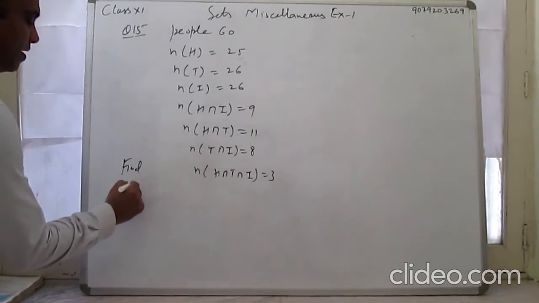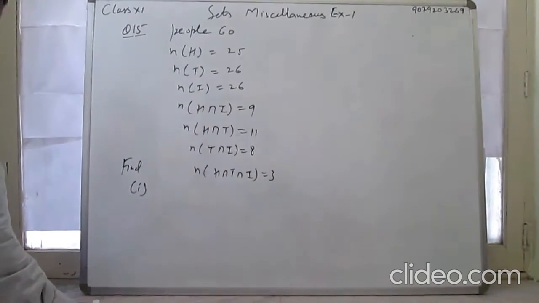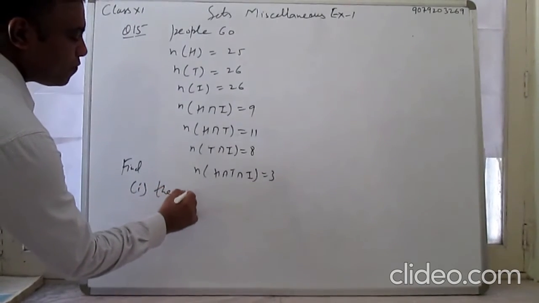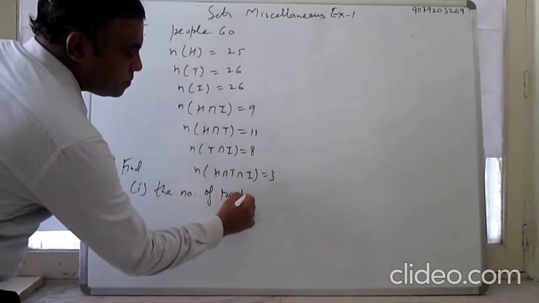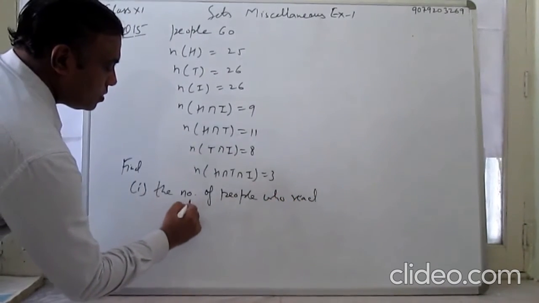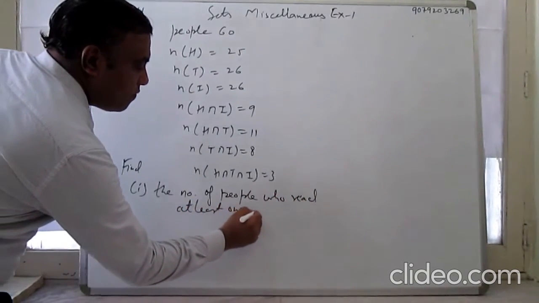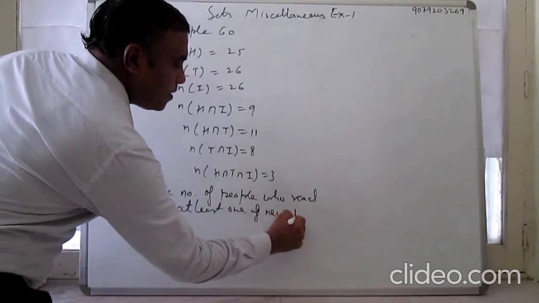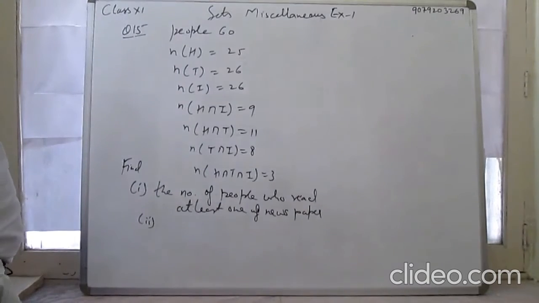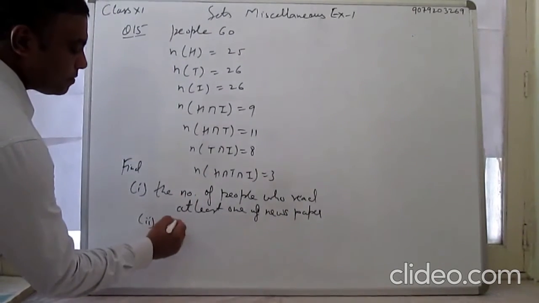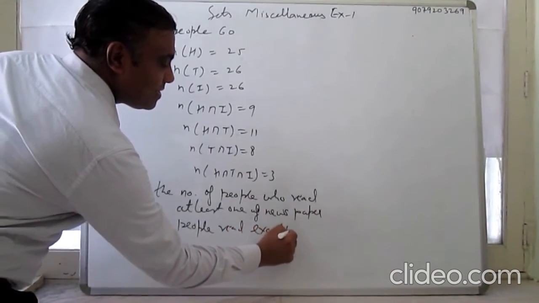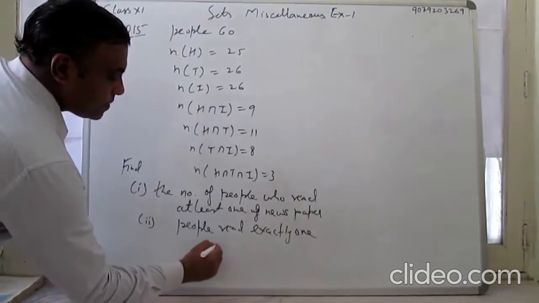Find, number one, the number of people who read at least one of the newspapers. Second, the number of people who read exactly one newspaper. केवल एक ही पढ़ता हो.